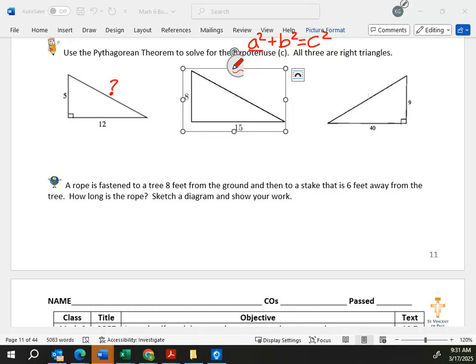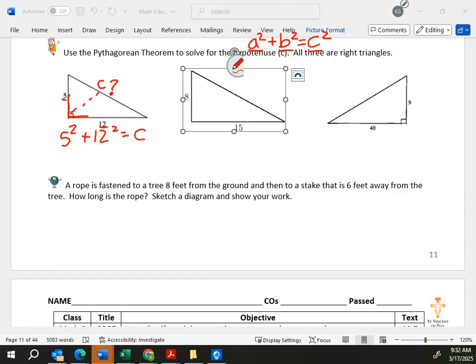Because first thing we want to do is fill in which numbers we know, if they're A, B, or C. So we know that the two sides that make up that right angle are our legs, that's the A and the B. So 5 squared plus 12 squared equals, that's our unknown side. It's directly across from the right angle, so it's our C, our hypotenuse.